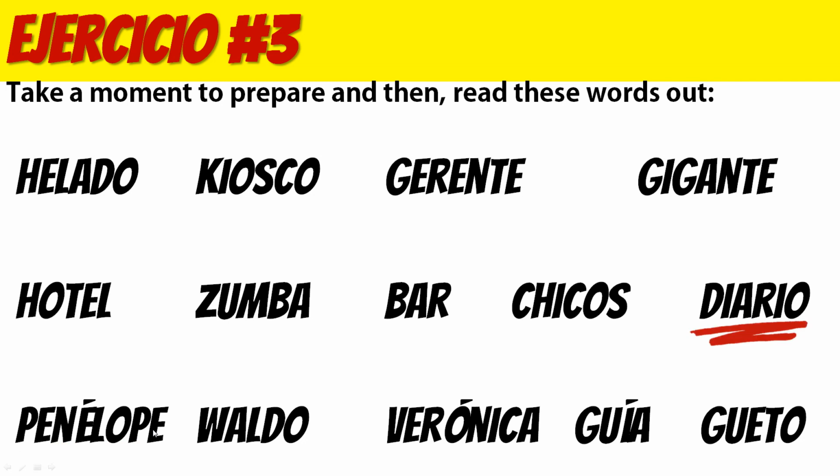Diario. Remember that each individual vowel retains its own individual sound when combined, so it wouldn't change at all. E, this is always E, this is always A, I, O. Diario.